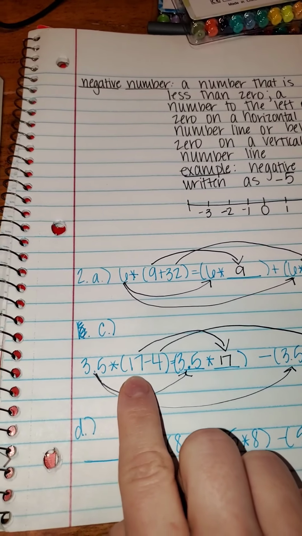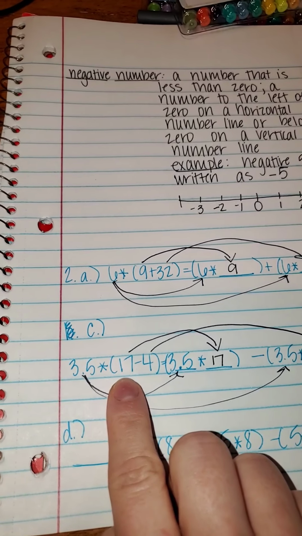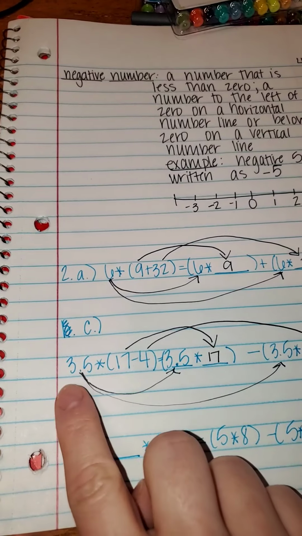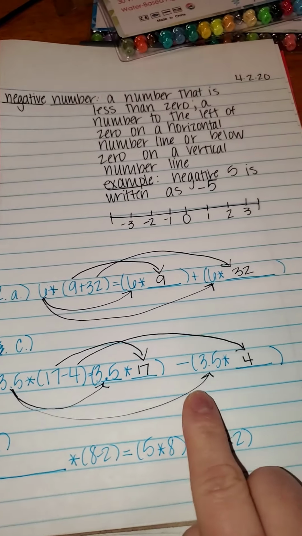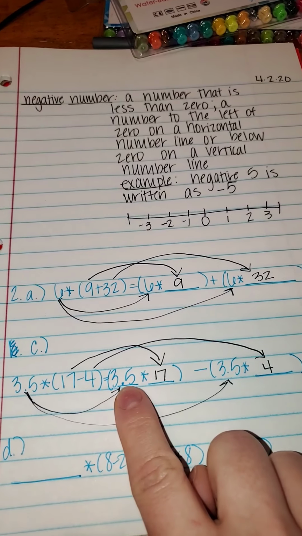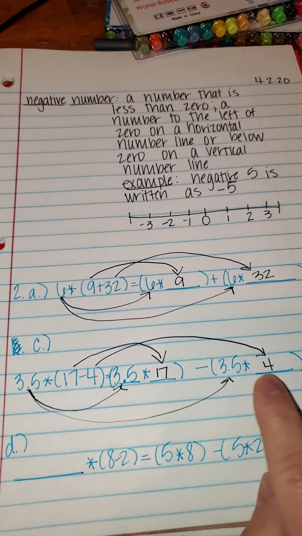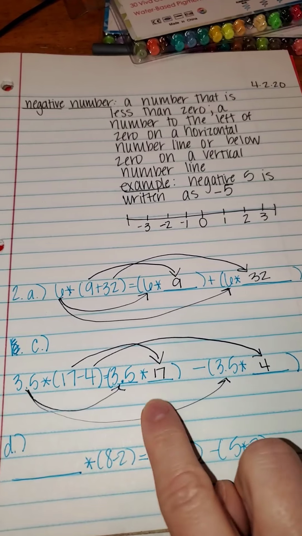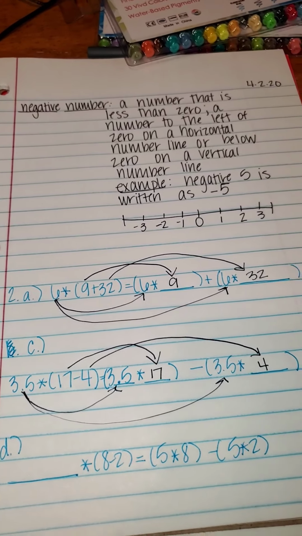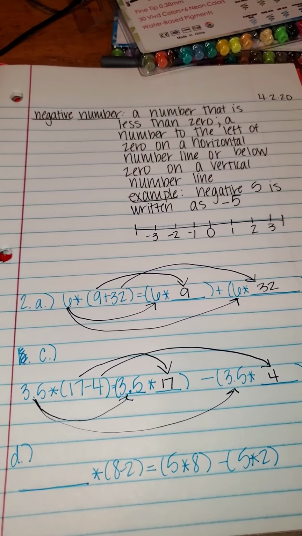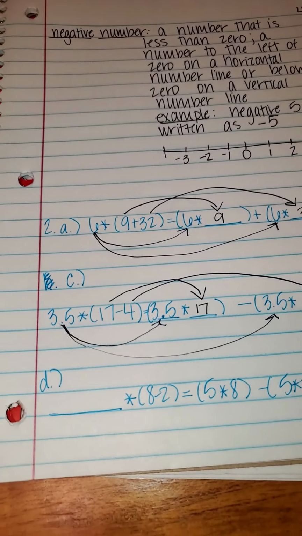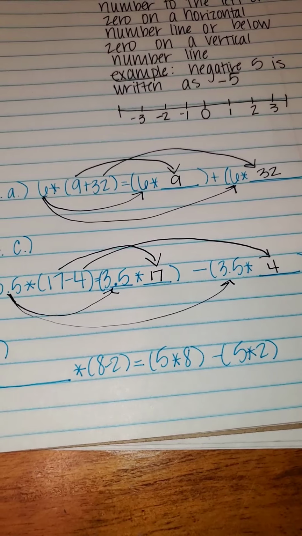If you were to work out 17 minus 4, okay, and get 13, and you multiply 3 5/10 times 13, you're going to get the exact same answer if you multiply 3 5/10 times 17 and 3 5/10 times 4 and subtract these numbers. Okay, so they have to be balanced. It's kind of like a scale.